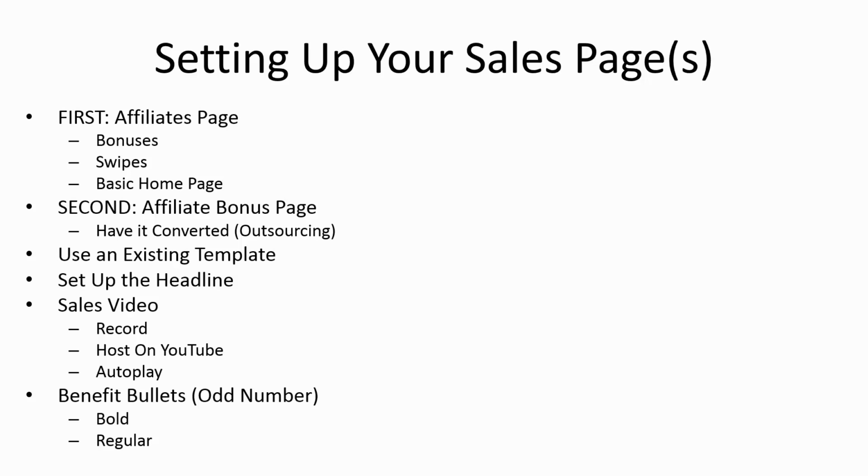And you want to make the last one bold, right? So if you didn't get that, please write that down. So again, with the benefit bullets, you want to have an odd number if possible. And the first one should be bold, and the last one should be bold, right? I'm not entirely sure why that's the case, but it is common practice in sales copy, and I see no reason not to follow it, right?